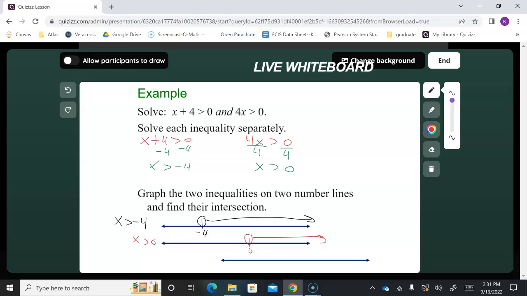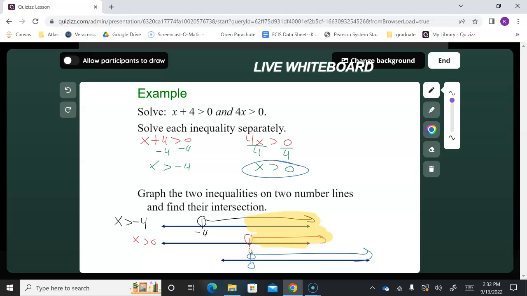The overlap starts at 0. So the graph of my solution set is x is greater than 0.